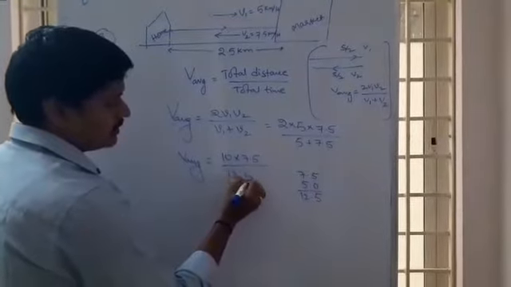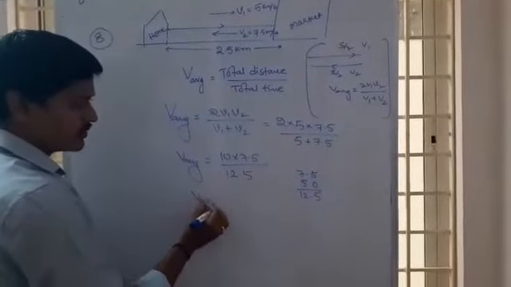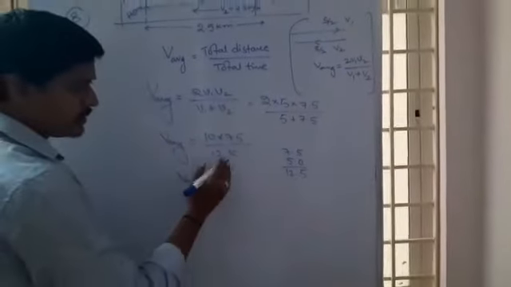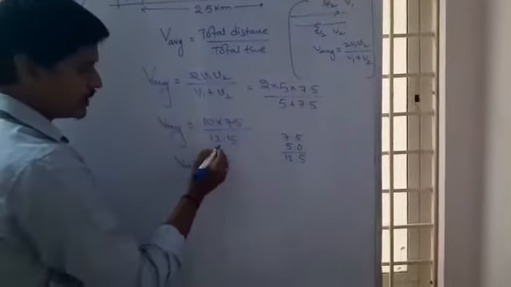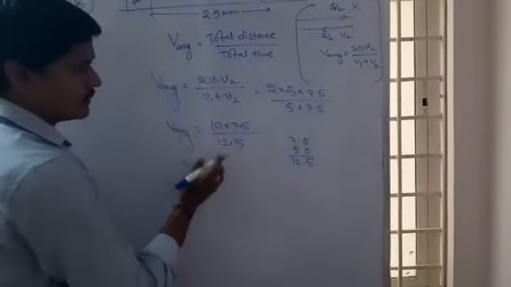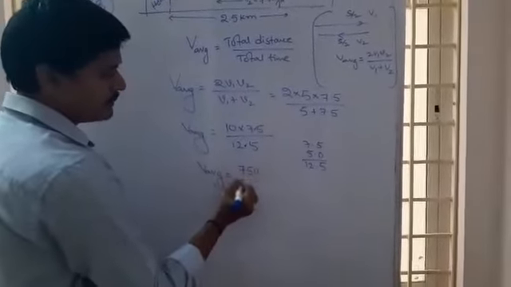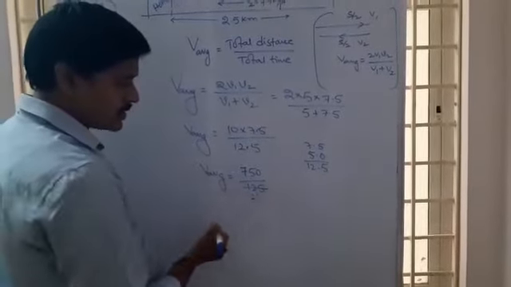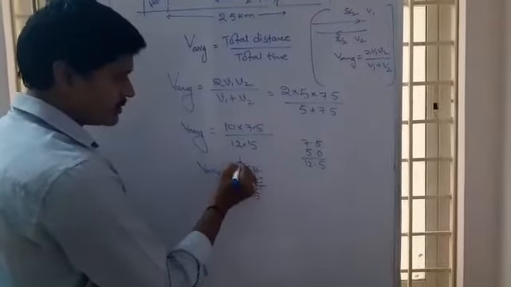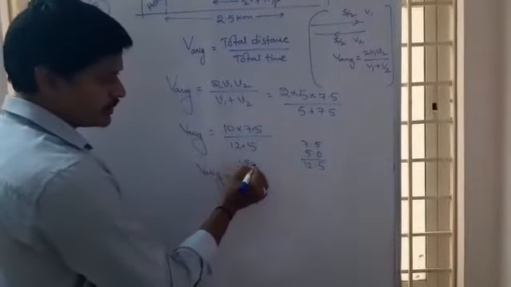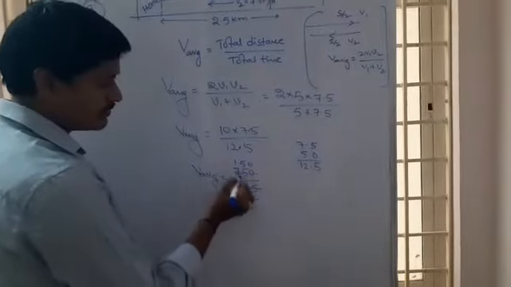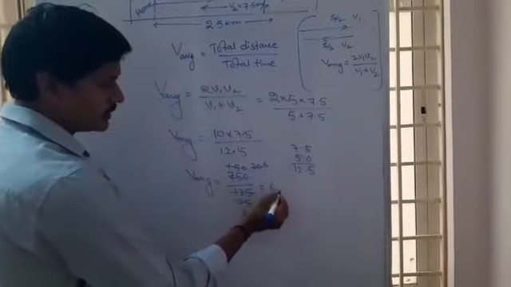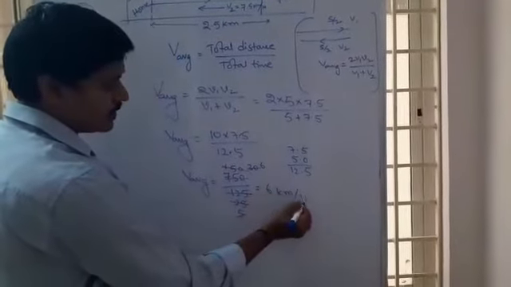12.5. Then average speed is equal to 75 divided by 12.5, otherwise the point gets cancelled, then 750 divided by 125. 5 2s are 10, 5 5s are 25, 5 1s are 5, 5 5s are 25, 5 3s are 15, 5 6s are 30, so 6 kilometer per hour.